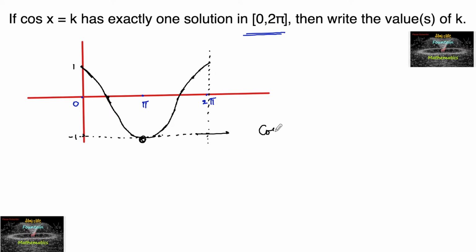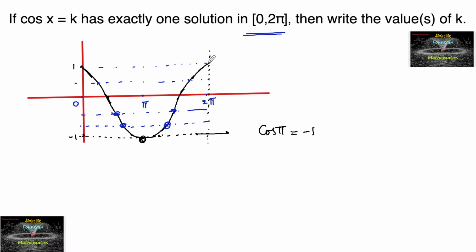Here cos pi is equal to minus 1 is the only value, and anywhere else a horizontal line cuts at more than one point, meaning two values of x for which cos x is equal to k.